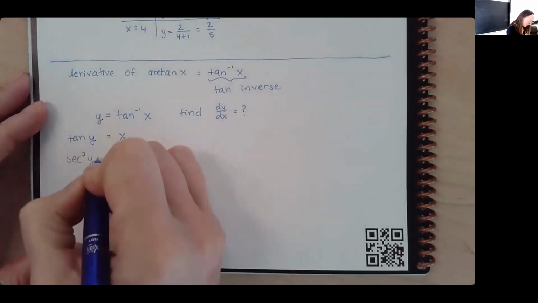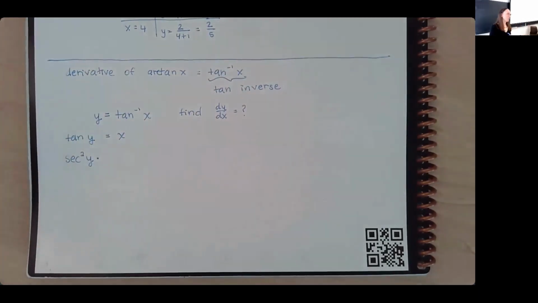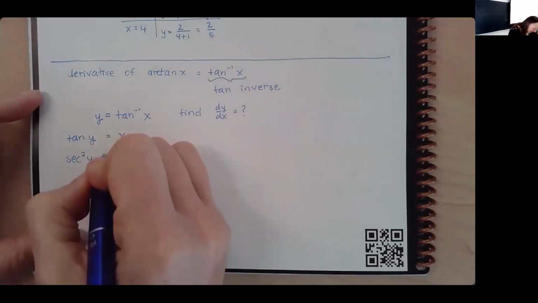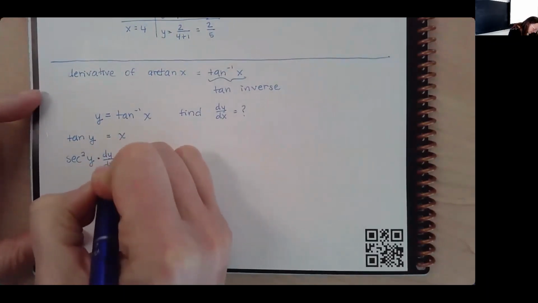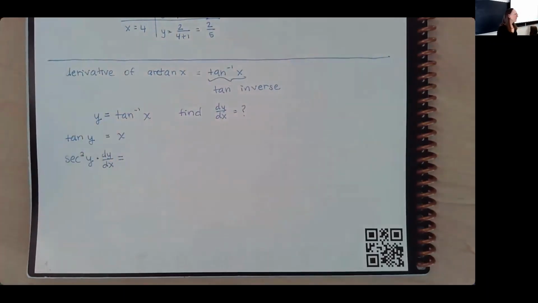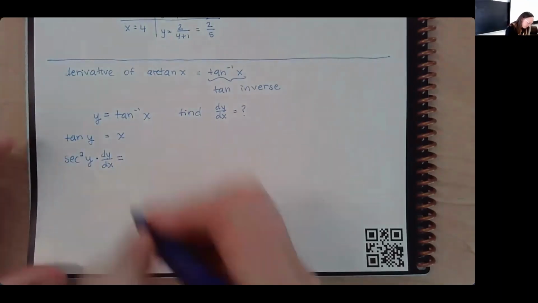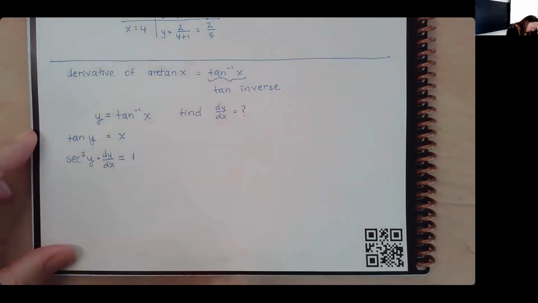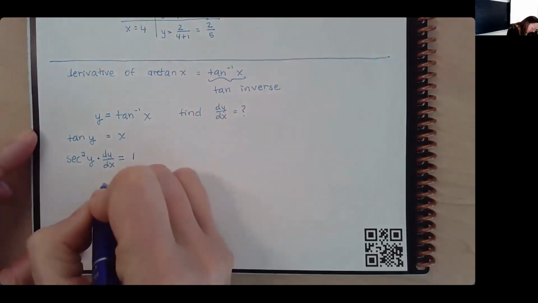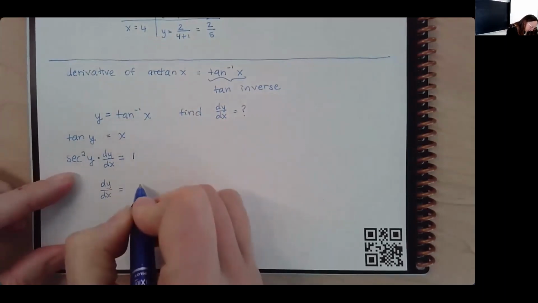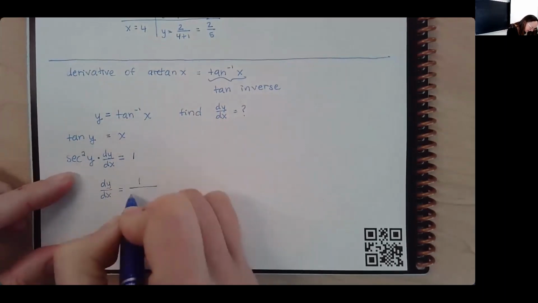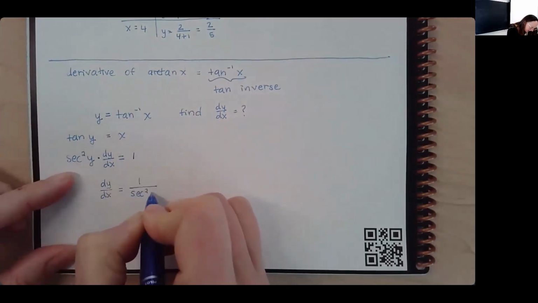But I've got to remember, either thinking about it as a chain rule or as implicit differentiation, because we took the derivative of something with a y, I've got to multiply by dy dx. With respect to x, the derivative of x is just 1. Which would mean that I would be looking at dy dx is equal to 1 divided by secant squared y.